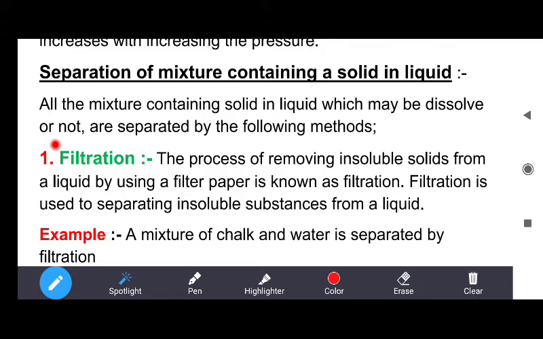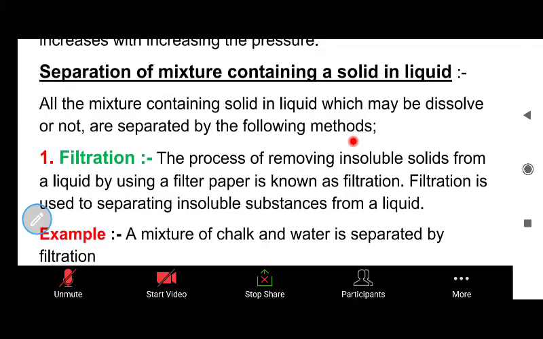It is not necessary that the solid substance will dissolve in the liquid. It may be possible that the solid substance remains undissolved in the liquid. Then all types of mixtures containing a solid in a liquid are separated by the following methods.